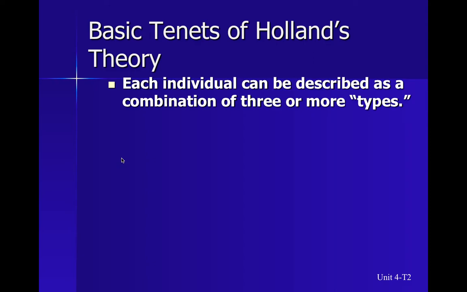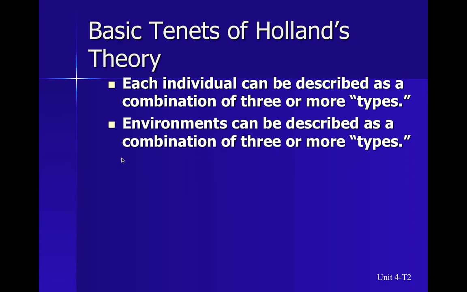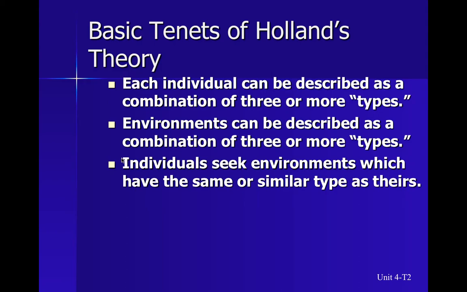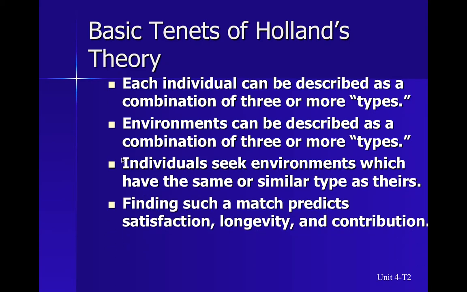Everybody can be described using 3 or more types. We're going to just be happy if we can come up with 2 of the 6 types. Environments can be described in the same manner. Individuals will seek environments that have the same or similar type as theirs. And if you do find a good match, people are happier, they tend to stay longer, and they tend to contribute more.